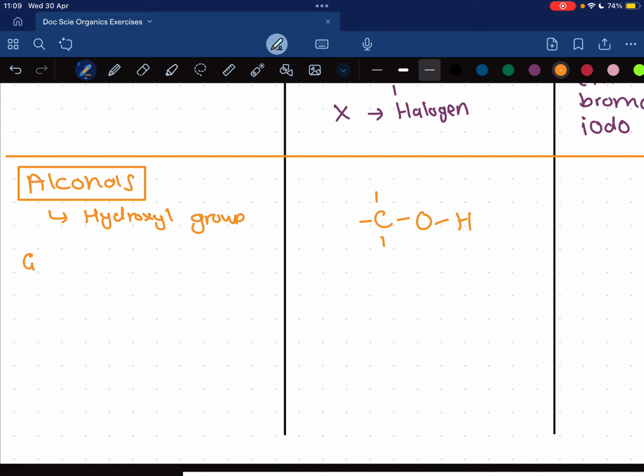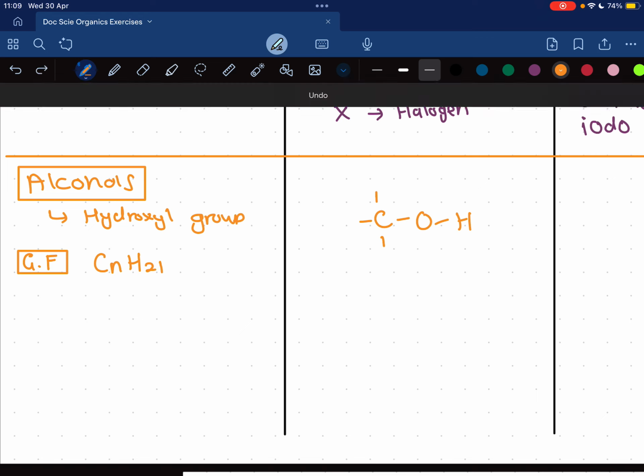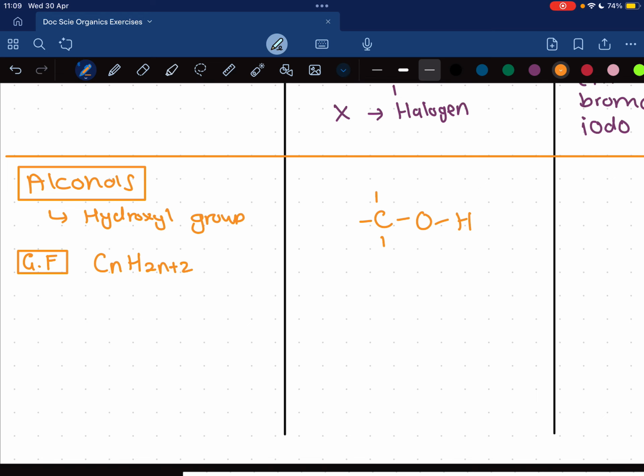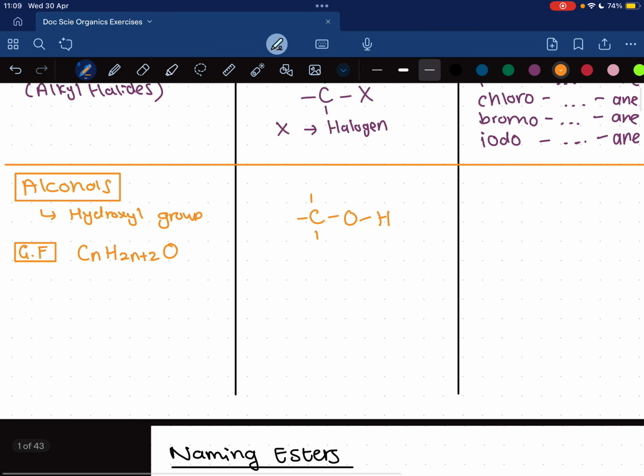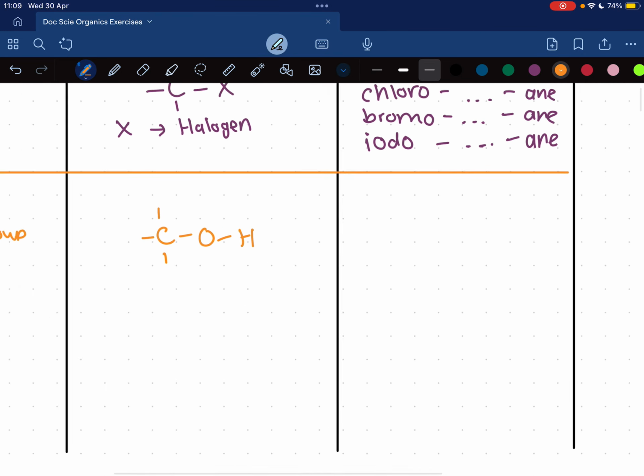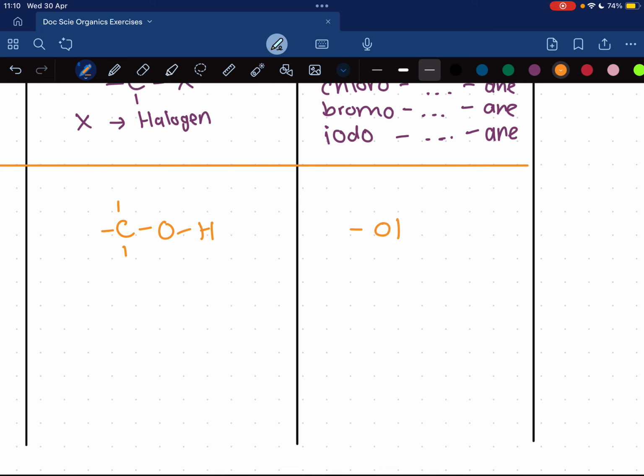The general formula for an alcohol is similar to that of the alkanes. So it's CnH2n+2 with an O at the end. These ones will have the suffix ol.